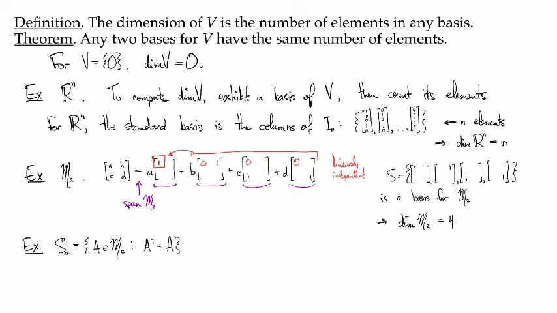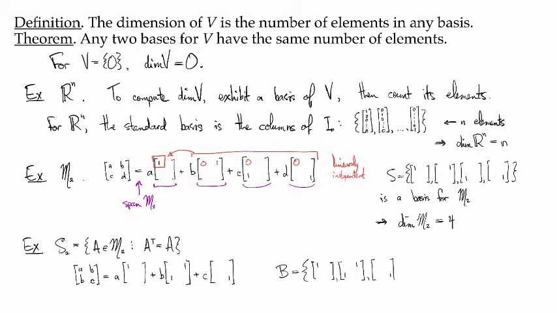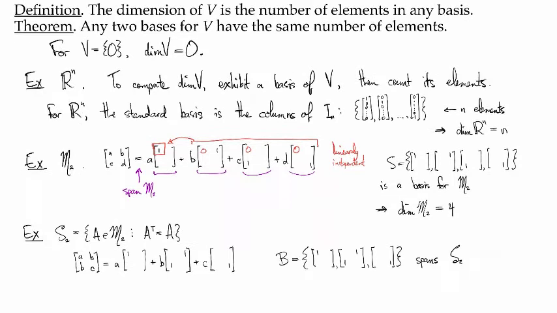Then our generic element in this case looks like A, B, B, C. And so a spanning set for S2, and I'll call it B because it's going to turn out to be a basis, is 1, 0, 0, 0, and 0, 1, 1, 0, and 0, 0, 0, 1. This spans S2, and that's exactly the content of this equation that I have right here. So that's definitely a spanning set.